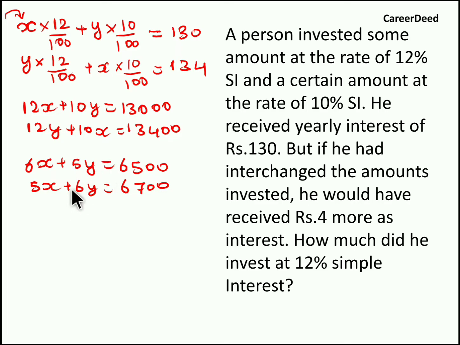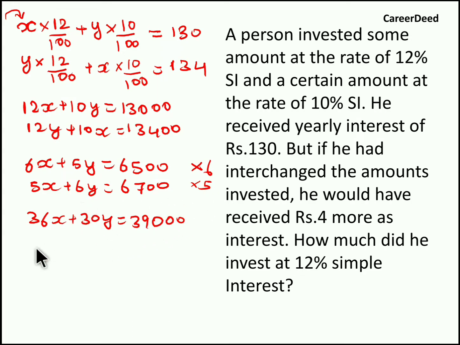It means you have to cancel y. So you can multiply the first equation by 6 and second equation by 5. So 36x plus 30y equal to 6 into 6500, 39000.